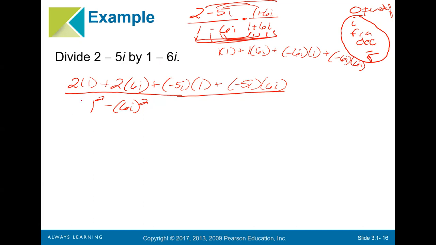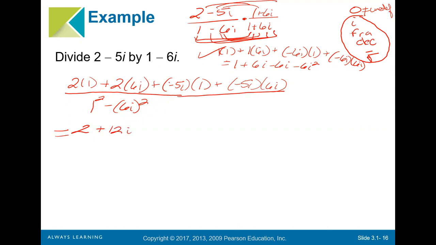Now let's clean this up. So now on top, just in case you want this step here, guys, I'm going to clean this up for you. Okay, so I'm going to stay on track. So if you choose this method, I'm going to do both of them for you, okay? So now 2 times 1, 2 times 6i, and they're both positive, so it's positive 12i.